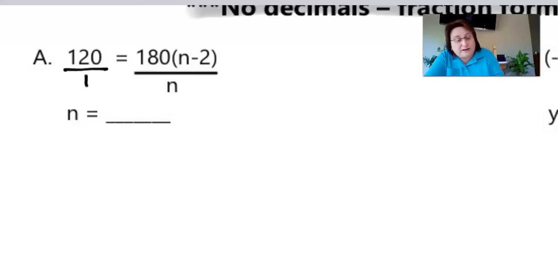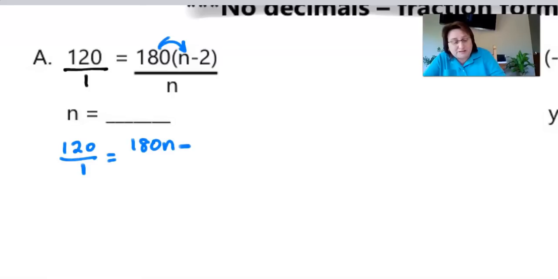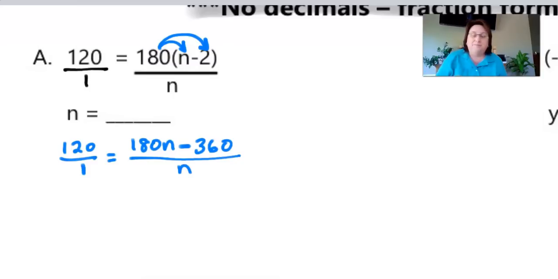So we're going to rewrite the expression. So I have 120 over 1 equals, and then I'm going to distribute the 180 times n, which is 180n, minus, because I'm doing 180 times a negative 2, so minus 360 over n.